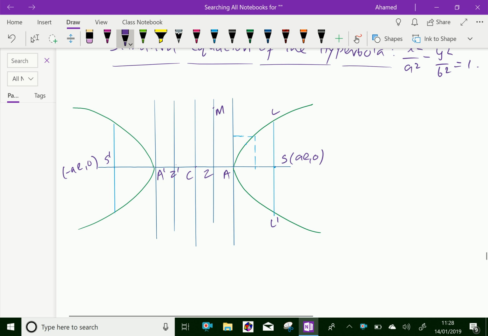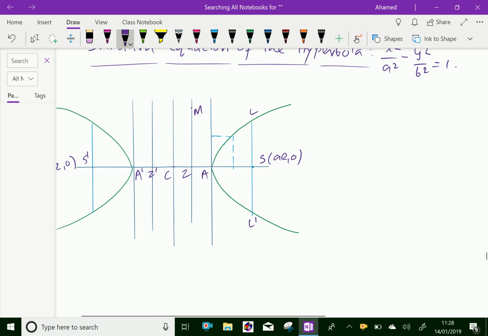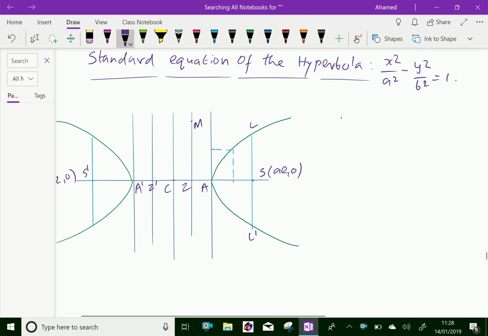Now we'll write each thing here. ZM is the directrix, S is the focus, the primary focus.